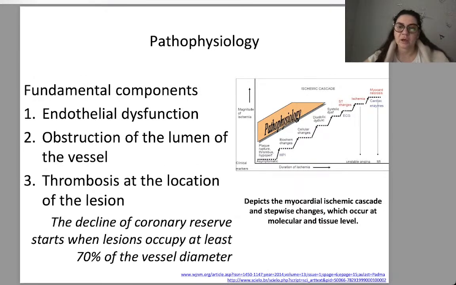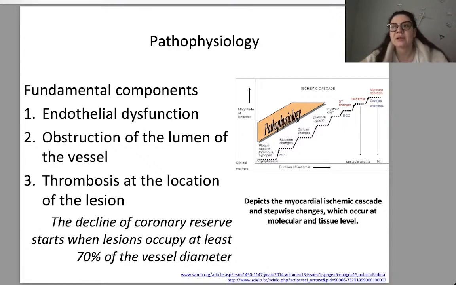Pathophysiologically, fundamentally, they include 3 main components that usually in complex give the patient the clinic of coronary insufficiency. The first one is endothelium dysfunction. For today, it is the main pathophysiological mechanism of atherosclerotic plaque formation.